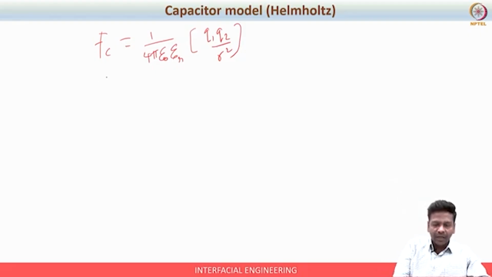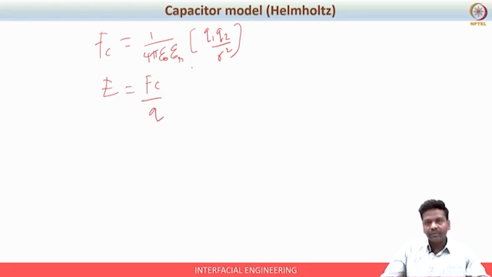So we know that the electric field can also be defined as Fc by Q. If you look at this equation, Fc by Q is nothing but volt per meter, which is the electric field, volt per unit length. Fc can be expressed in Newton, and Q in Coulomb, right.